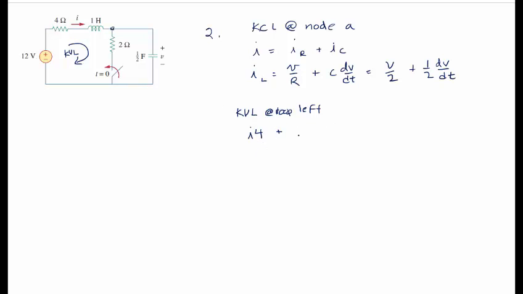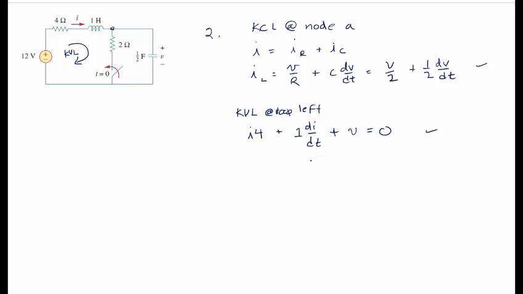Plus L di/dt right here, and L is 1 Henry, so it's 1 di/dt, plus this voltage here, V, equals 0. So now I have a differential equation in V and I here, or an equation in I. It's a differential equation for I, and I have a differential equation right here.